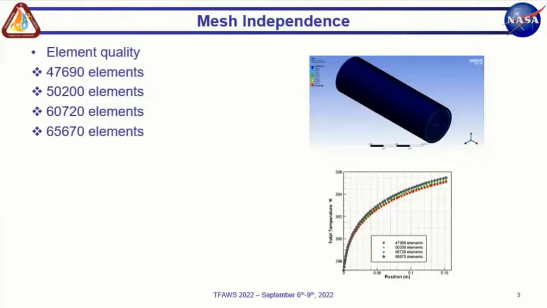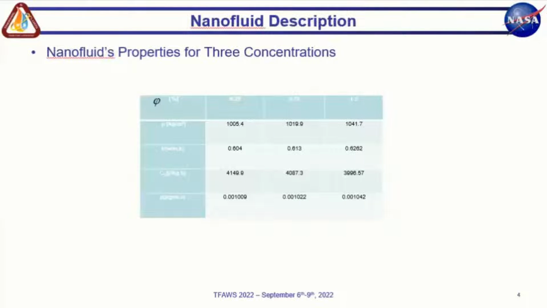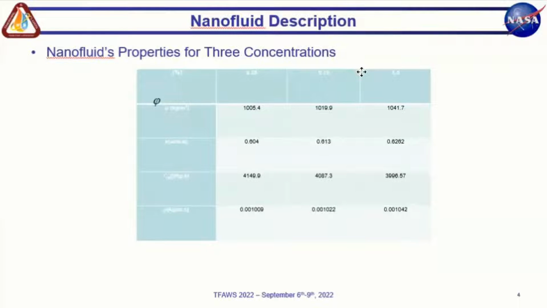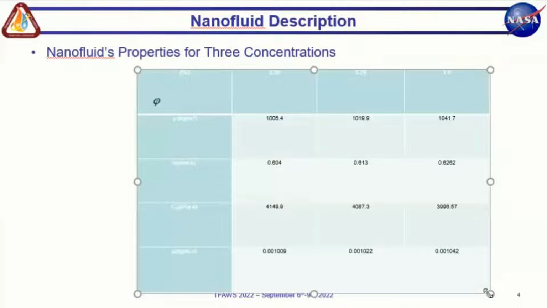Okay, so here are the cases we study, and I'm sorry about the white on white, but this table shows you the different concentration phi of the nanofluid that we study.